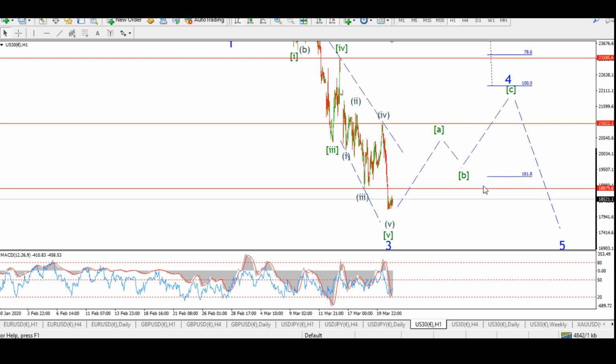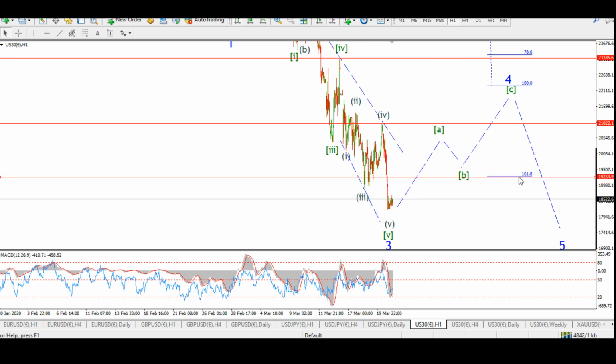So I'll keep that in mind for the next few days. And if we do see a three-wave bounce, it will also be worth keeping in mind that it should be a corrective bounce, and we will probably see a decline again to new lows in wave 5.